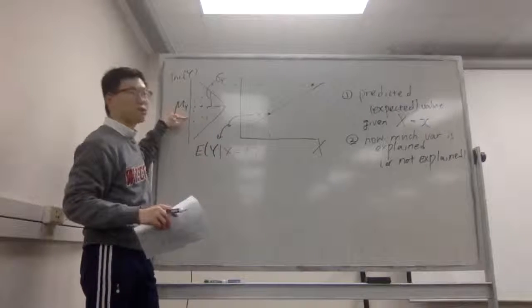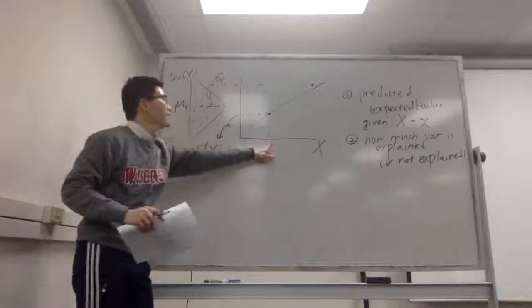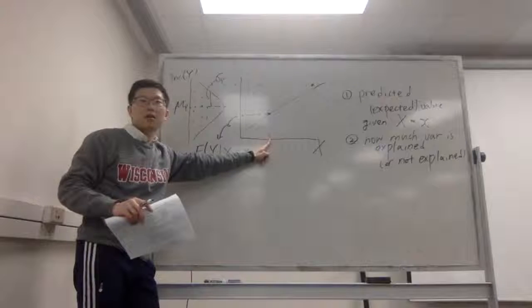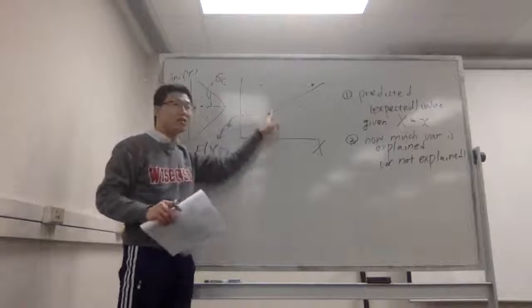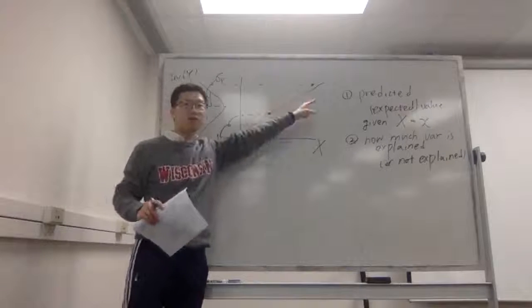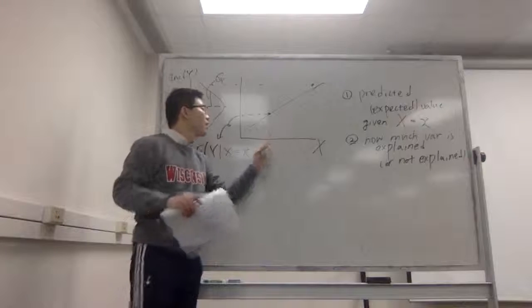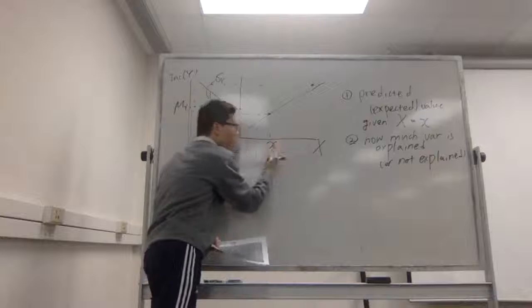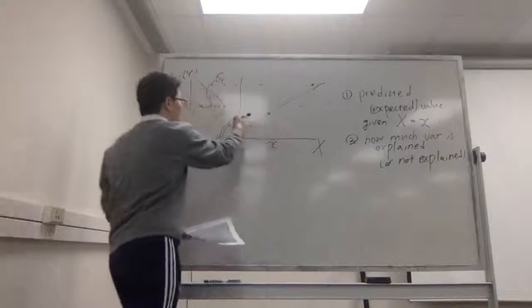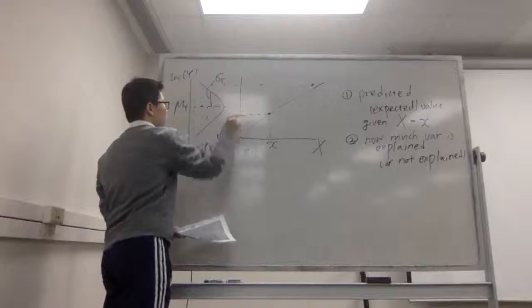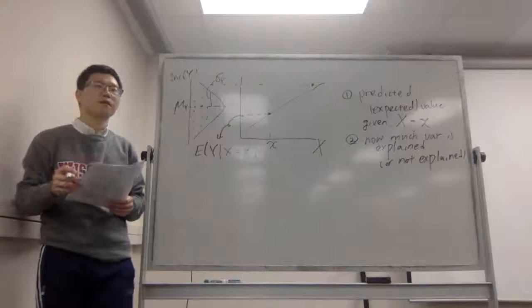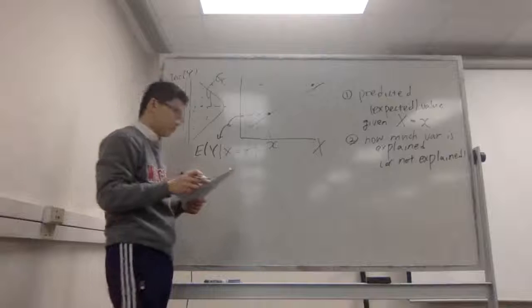We're predicting the value of y given the number x right here. According to the linear functional form right here, when the x variable's value is small x, then the predicted value would be right here. Okay, good.